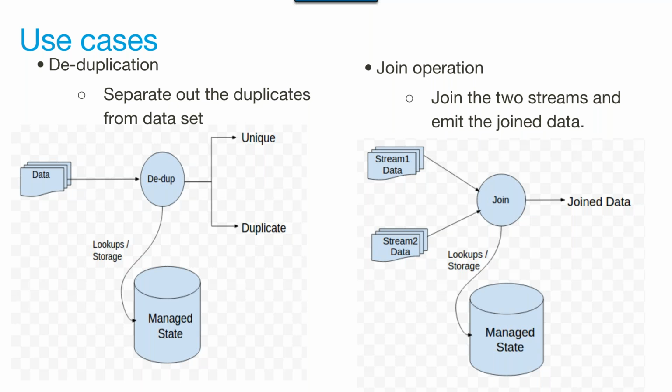A similar use case is the join operation. Join two streams based on the specified condition and emit the joined data. And here also, if you want to join, like, 2 days or 3 days, some X days of data, we need to store that X days of data in the store.